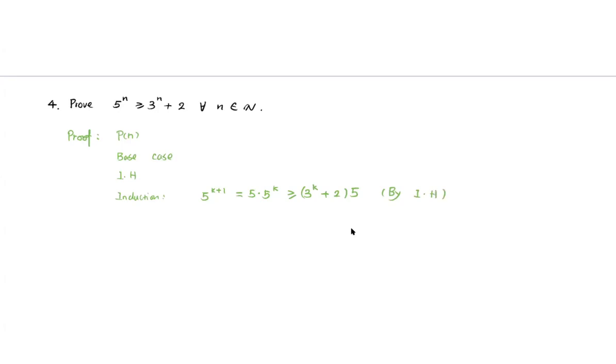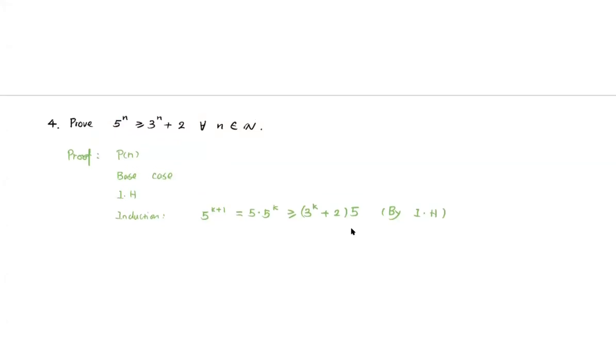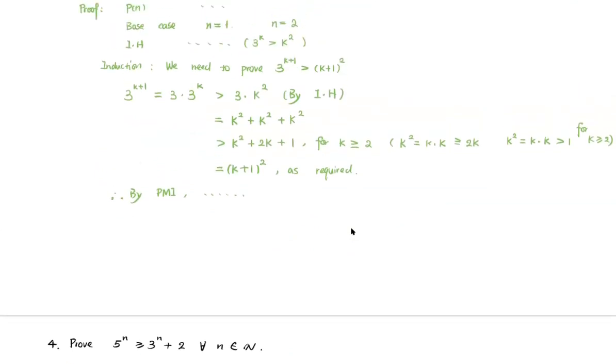Yes, exactly, without the quantifiers. So your P of n in this case would be this. This is your P of n. IH part from the previous example. Here? Oh, here, because this is your IH, we know this is true. You multiply both sides by 3. That will give you this.